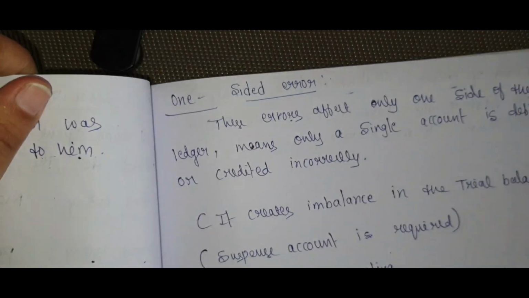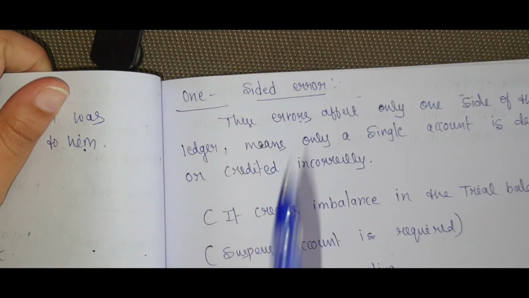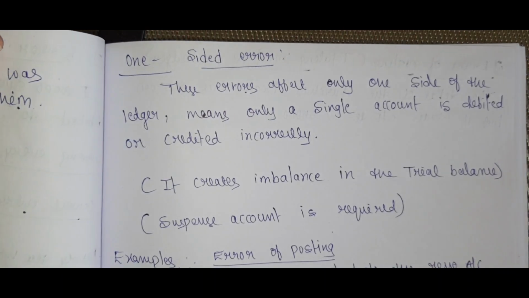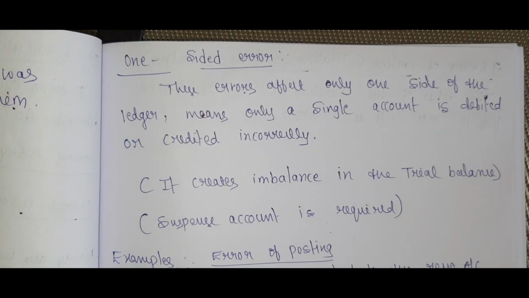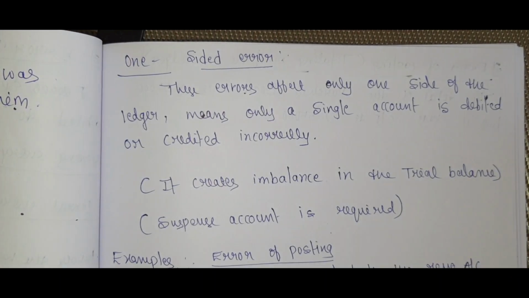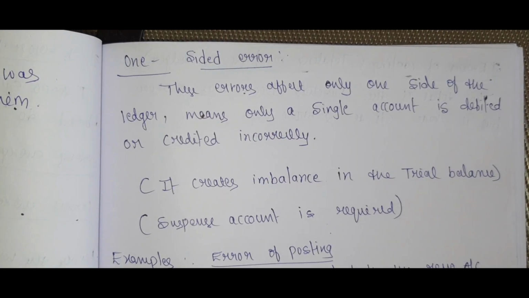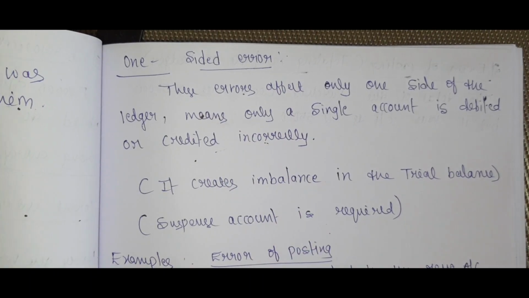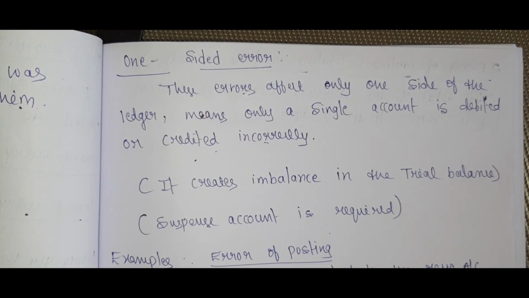Now we will move to the next one, that is one-sided error. What does it mean? It means these errors affect only one side of the ledger. It means only a single account is debited or credited incorrectly.